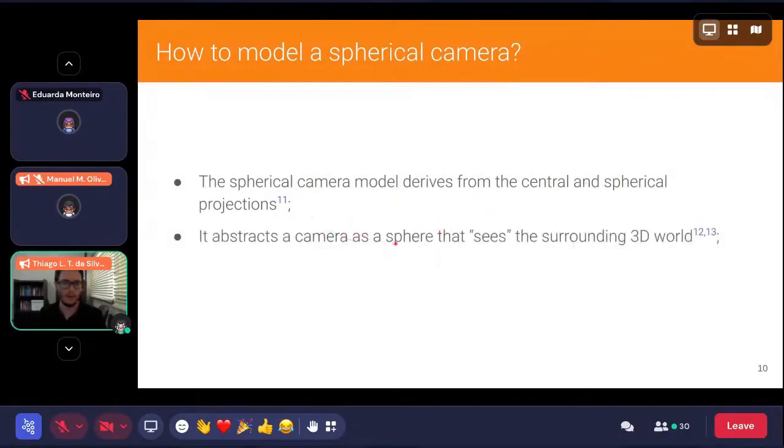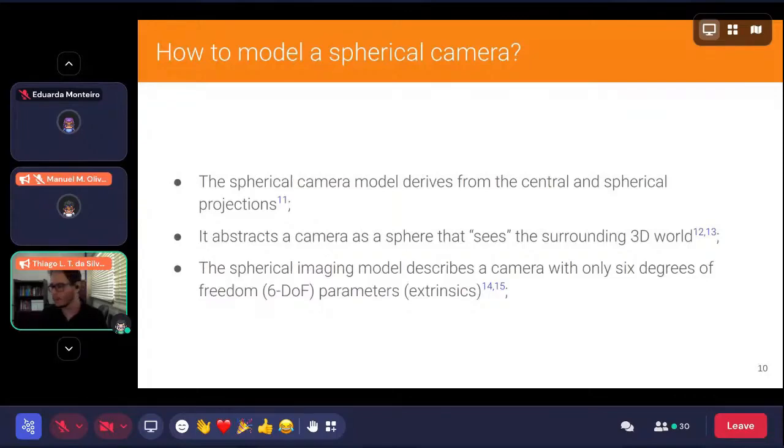The spherical imaging model abstracts the camera as a sphere that sees the surrounding 3D world. It goes in the same vein as we saw before, but the spherical model understands a spherical camera as a unit sphere, and everything in the world is projected to the surface of that sphere using central and spherical projections together.